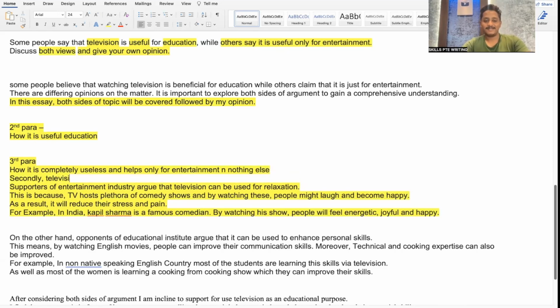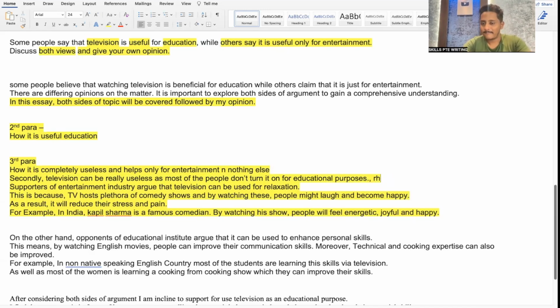Secondly, television can be really useless as most of the people don't turn it on for educational purposes.